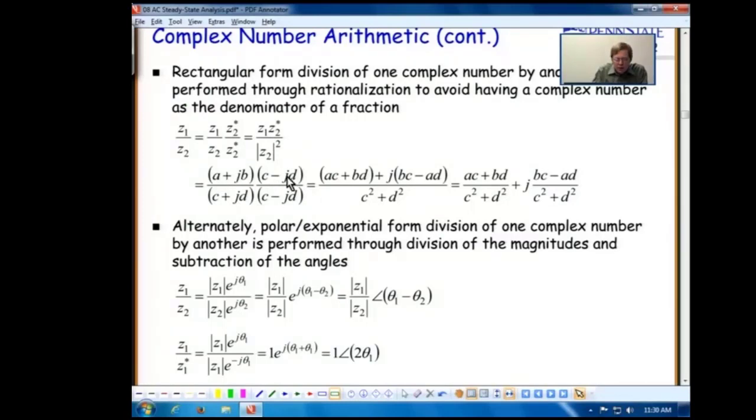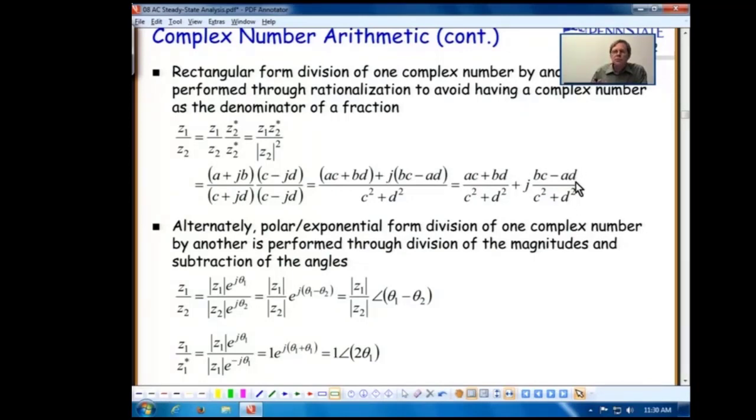So if I do that on these complex number pairs, a plus jb divided by c plus jd, multiply by the conjugate of c plus jd, top and bottom, and I end up with this, which reduces to this. So here's the real part, here's the imaginary part.